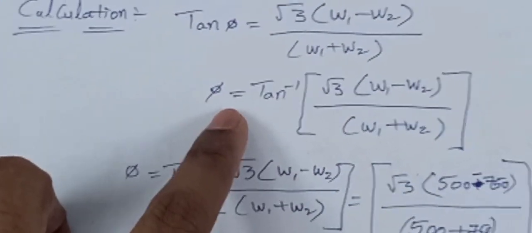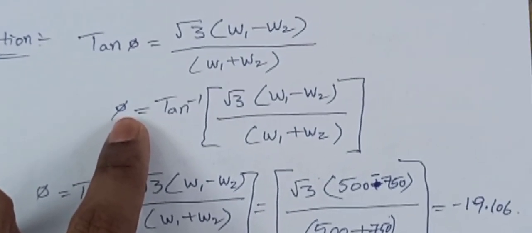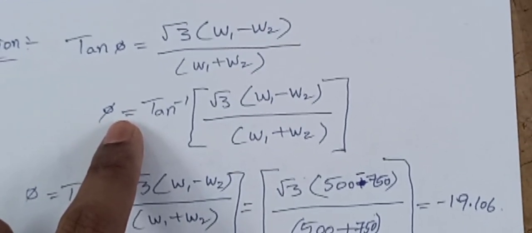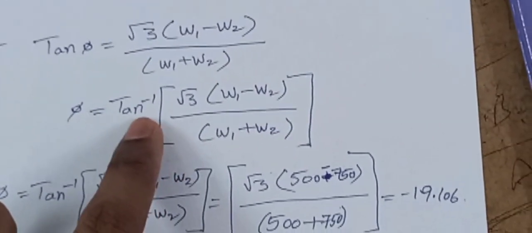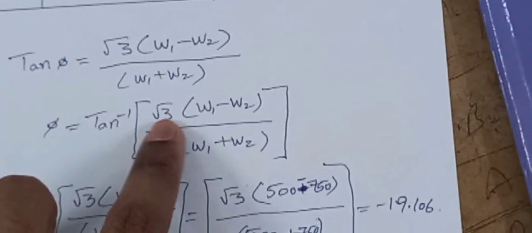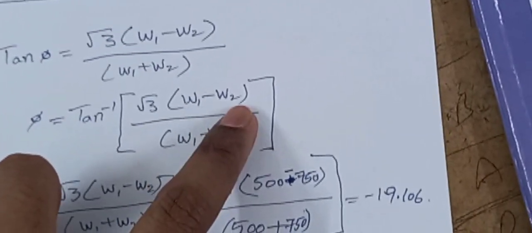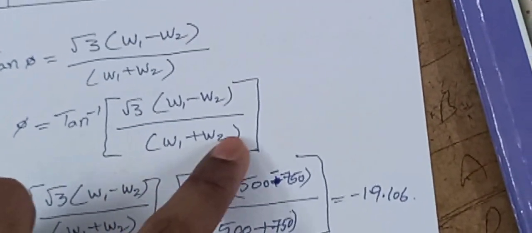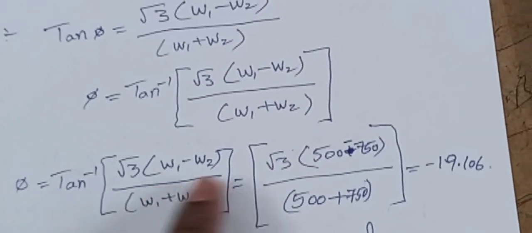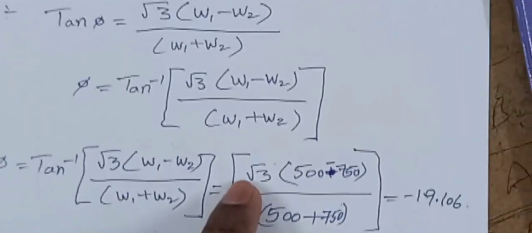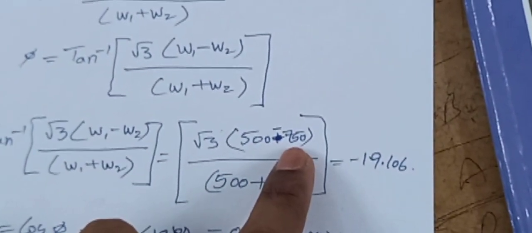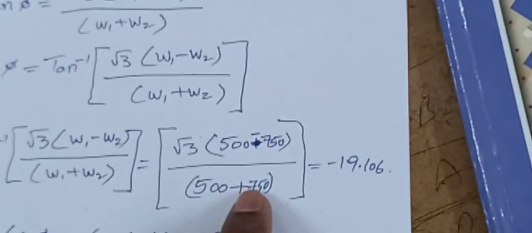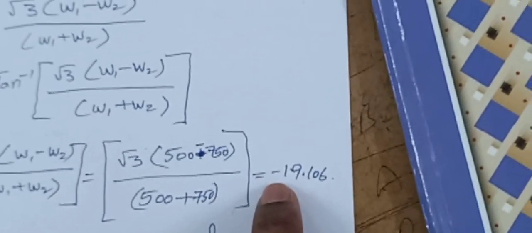According to this phi formula, the same formula we took in active power for star load and delta load, we are taking here: tan inverse of root 3 (W1 minus W2) by (W1 plus W2). The values we got, we replace here: root 3 into 500 minus 750 by 500 plus 750, that is equal to minus 19.106.